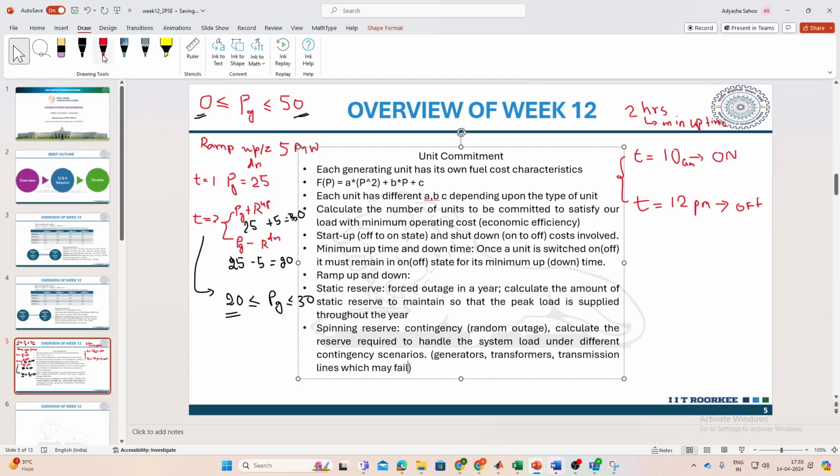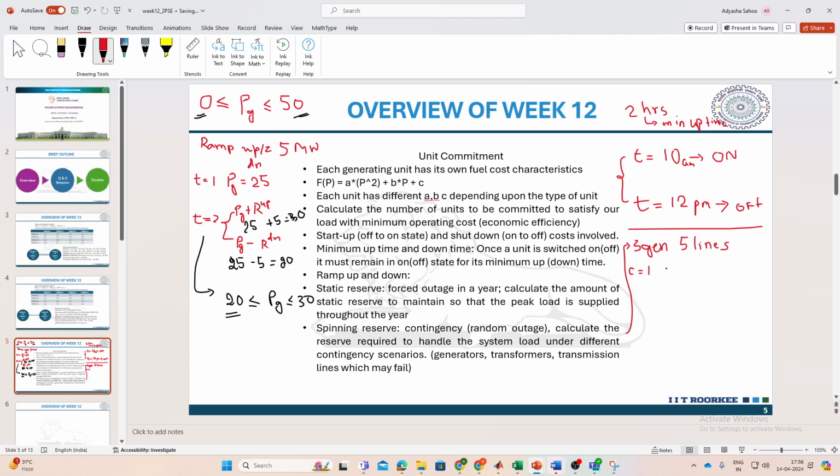So how this reserve is calculated is basically, let's say you have 3 generators and 5 lines with you. So for first contingency C1, you consider that there is a generator outage.